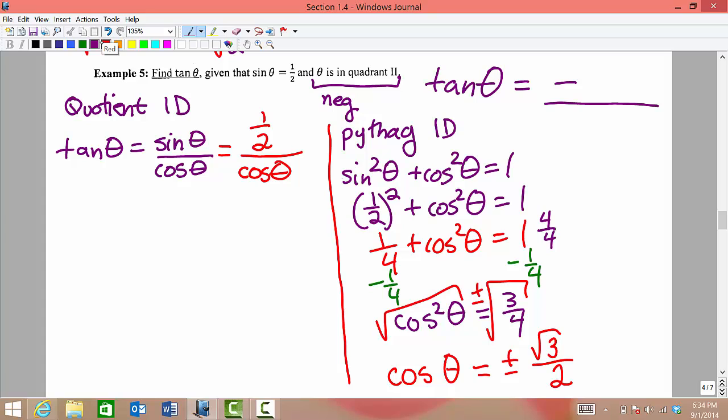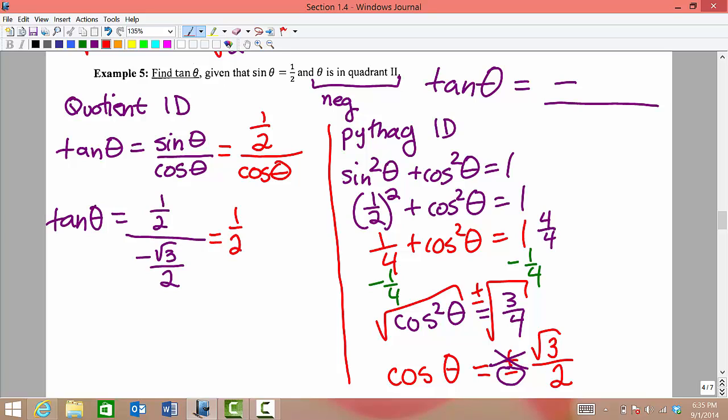Now we are working in quadrant 2, and in quadrant 2, cosine is negative. So now we know that tangent theta is equal to 1/2 divided by our cosine value, which is negative square root of 3 over 2. We want to simplify our expression.